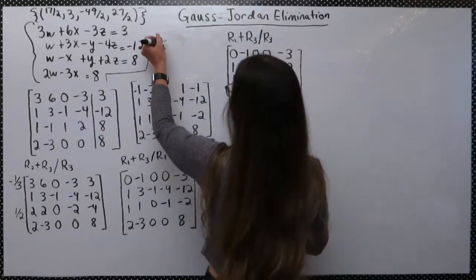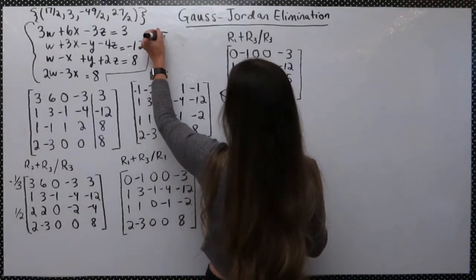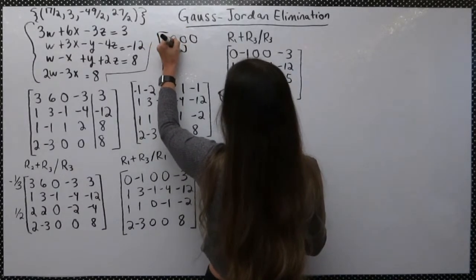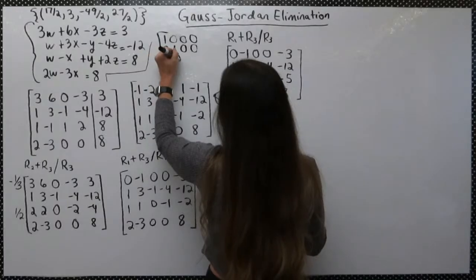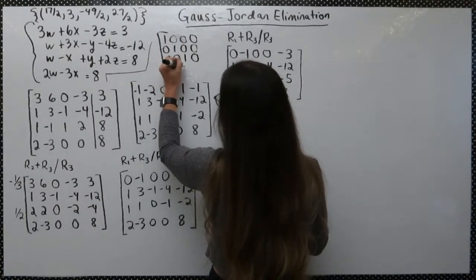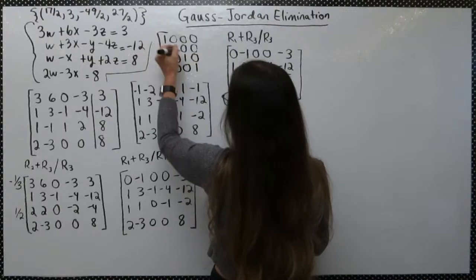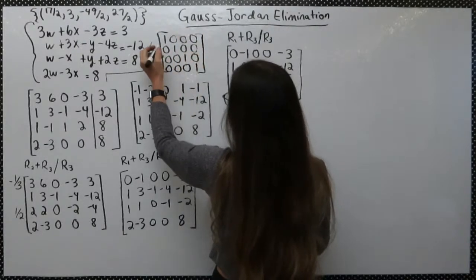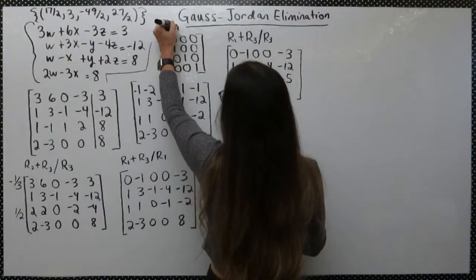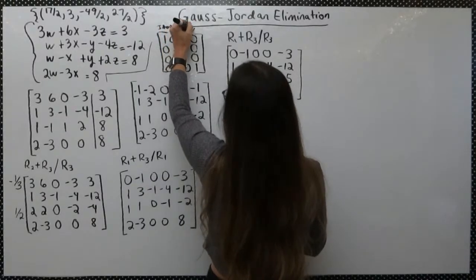But if you recall that identity matrix, it's 1, 0, 0, 0. So you're just essentially having zeros, and then it's 1 down the diagonal. So here's your identity for 4 by 4.